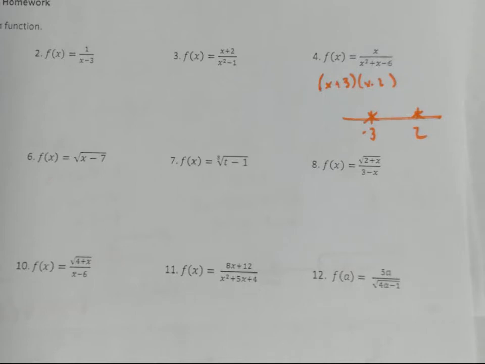Then come up here to the numerator, take what's under the radicand, and set it what? Greater than or equal to 0. Yes, you would do greater than or equal to because it's in the numerator. Do you see that?